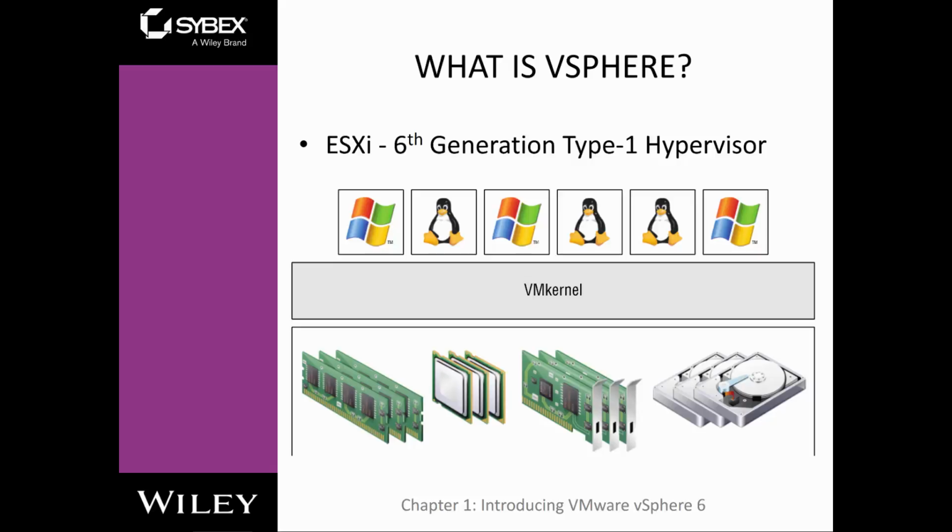That's a Type 1 hypervisor, meaning you do not have to have a fully fledged operating system, then the virtualization software to run it. For example, with VMware Workstation or VMware Player, you have to have the hardware, Windows, and then in Windows you install the hypervisor, and then inside the hypervisor all of your VMs. That is not a Type 1 hypervisor.